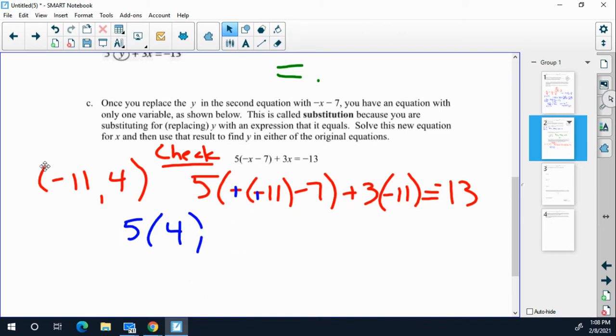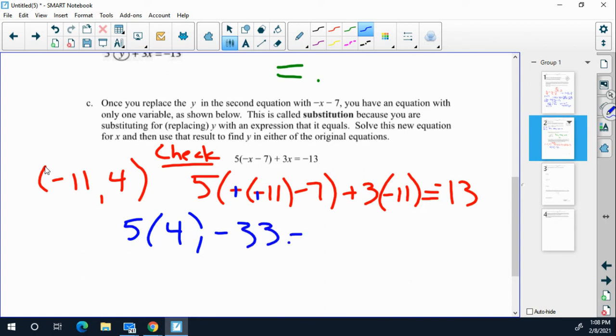Right, -33. Equals -13. So we have 20 minus 33, what is that? Does it work out, right? Yep, it checks correctly.